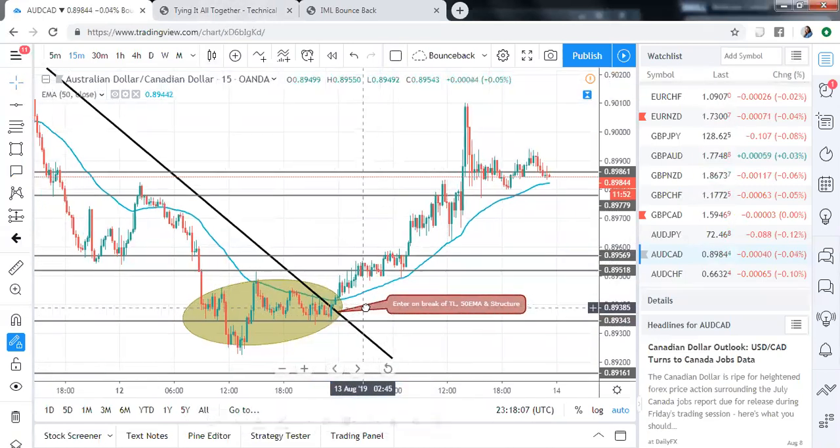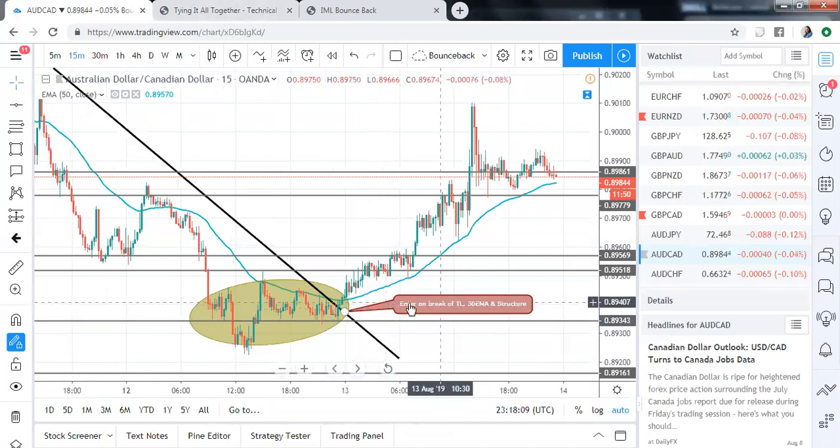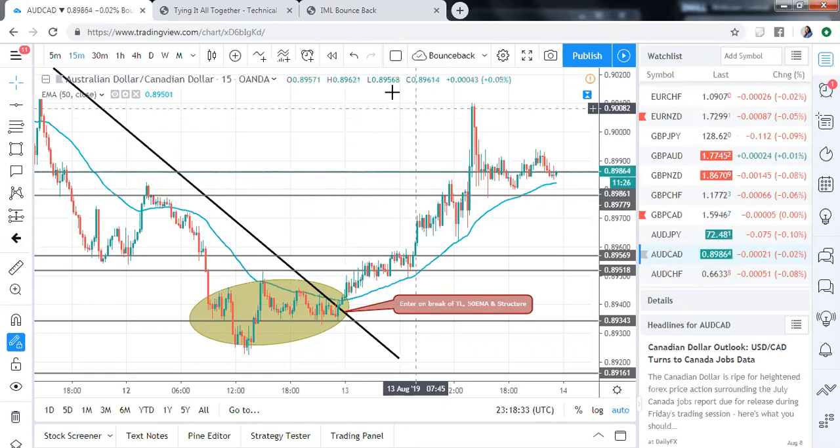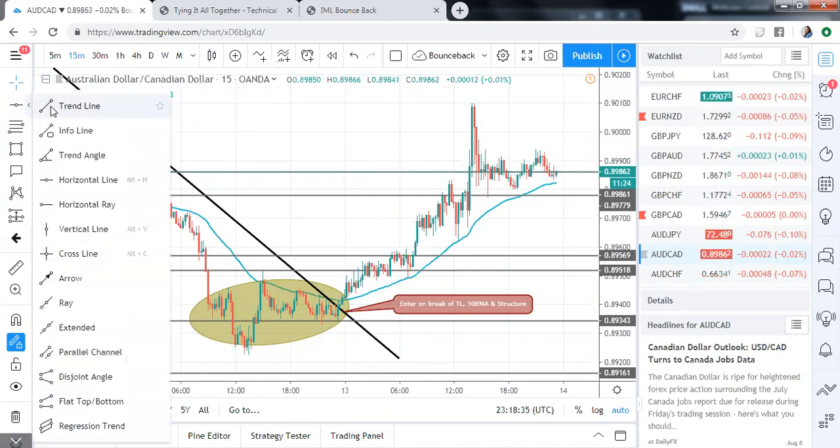So when I say enter on break of trend line, we would have already identified support and resistance for our target and for our setup. Now we need to identify miniature support and resistance for our entry, right? So I hope you guys are following, and I know this is a little detailed, so you will need to watch this over and then obviously attend the class next week where I will go into more detail as well, right?